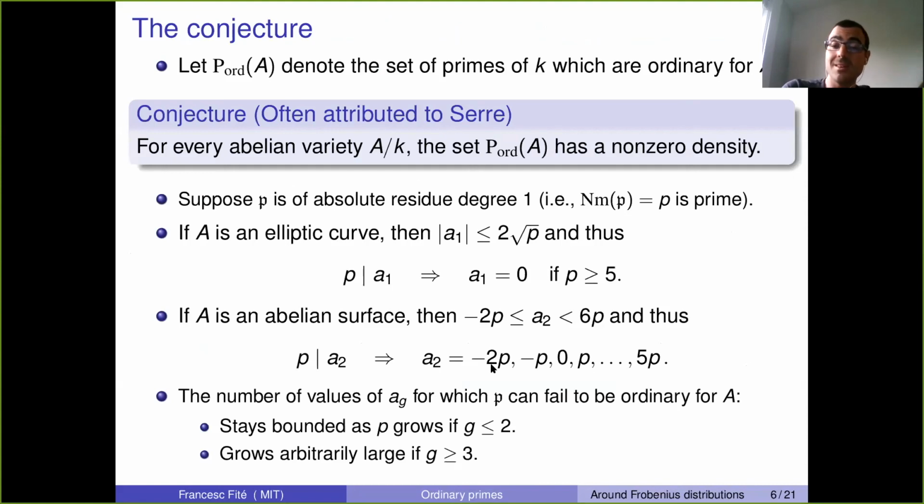It can be divisible by p without being 0, and dividing by the cyclotomic character has the effect of normalizing. Oh, I see. Okay, thank you.